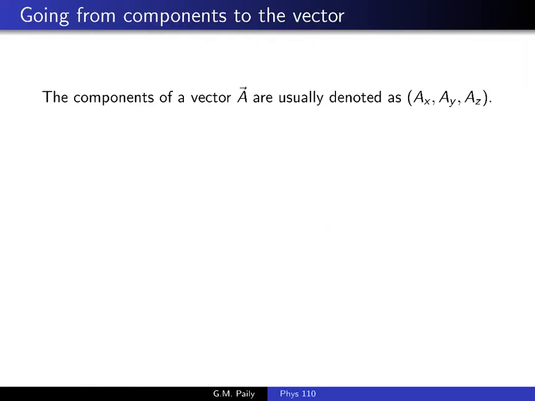The components of a vector, if we think of a vector in three-dimensional space, would be denoted as ax, ay, and az, usually put in simple parentheses separated by commas. But these components are simply numbers with units.